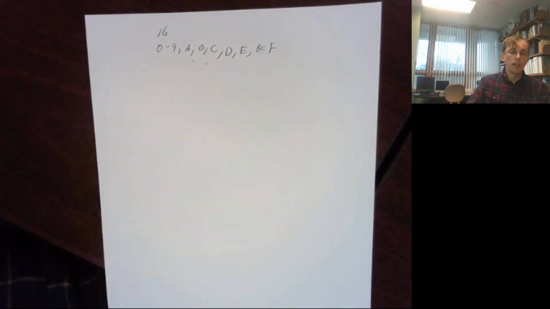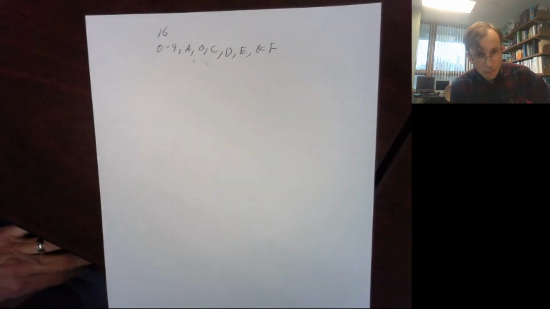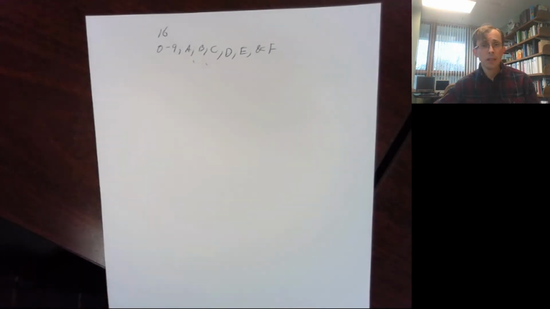I can simply say 8, 9, A, B, C, D, E, F, then 1, 0, 1, 1, 1, 2, up to 1, 9, then 1, A, 1, B, 1, C, up to 1, F, then 2, 0, up to 2, 9, 2, A, and so on and so forth.